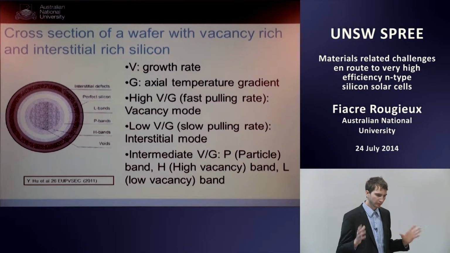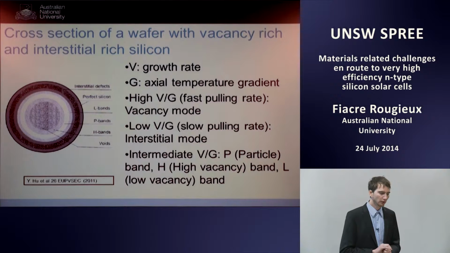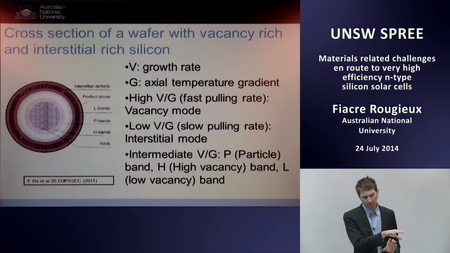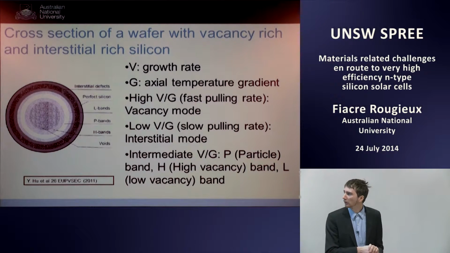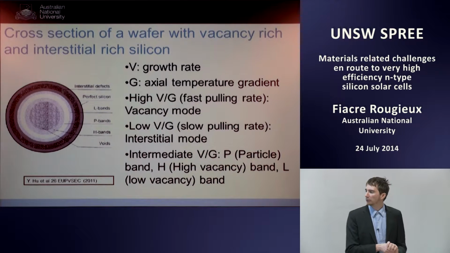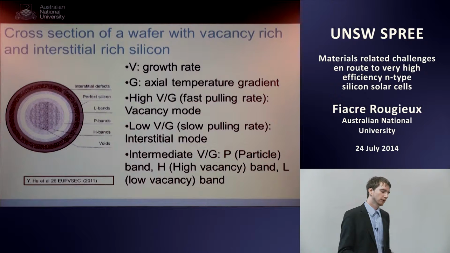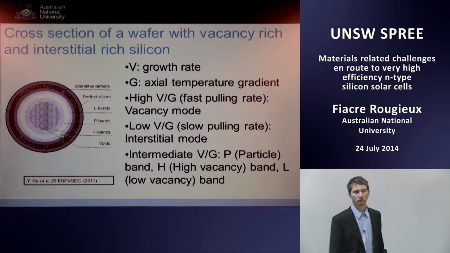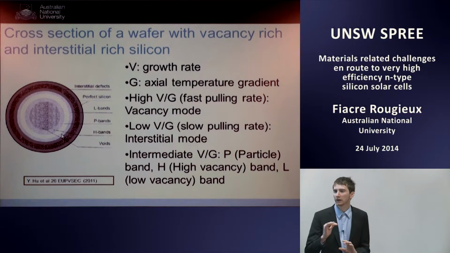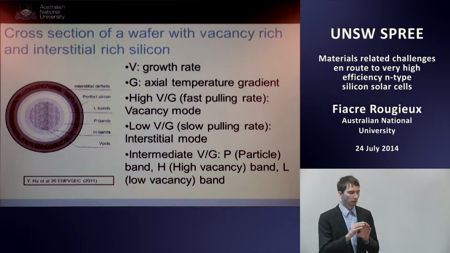So now that we've established what we're talking about, this is just a picture of what will happen if we have both the vacancy-rich and the interstitial-rich region. We'll have those different bands here, the P band, the L band, and the H band. H bands correspond to a high concentration of vacancies, and then we're going to have lower and lower concentration of vacancies.